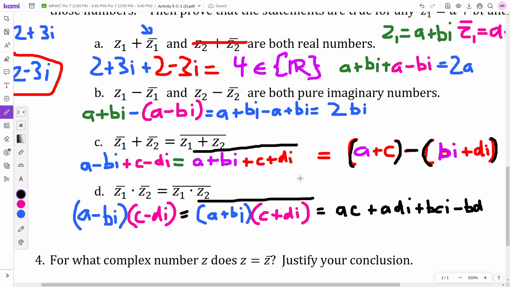I could rearrange this and simplify it, but let's just do the same thing for this one over here on the left. If I FOIL this, I get AC minus ADI.